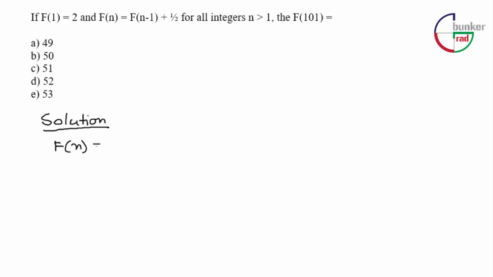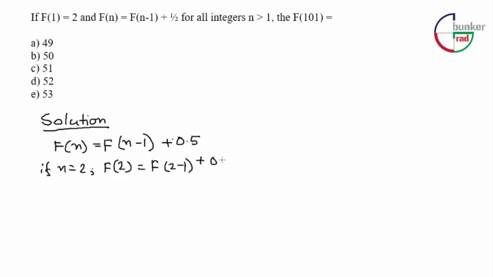Now to solve this, according to the function, if n equals 2, then function of 2 becomes function of 2 minus 1 plus half, which gives us 2 plus 0.5. If n equals 3, then it gives us 2 plus 0.5 plus 0.5. If n equals 4, then it gives us 2 plus 0.5, 0.5 and 0.5.